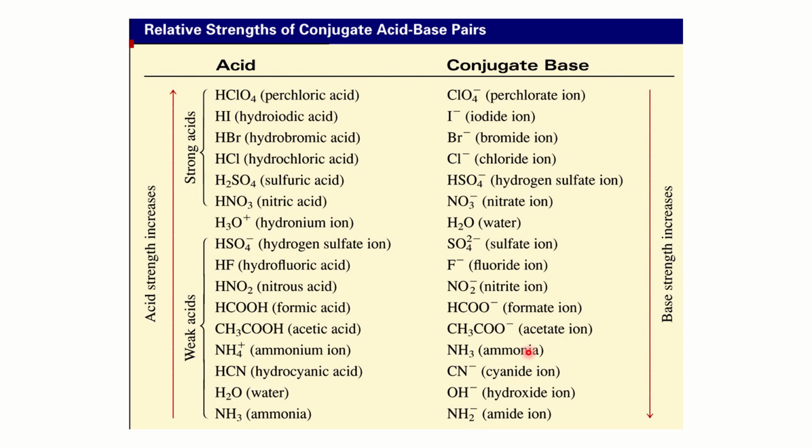All right, I have two slides here that have tables just summarizing the relative strengths of conjugate acid-base pairs. We can see the stronger the acid is, the weaker the base is. So here, the strong acids have extremely weak conjugate bases, basically bases that can't even really act as bases, and the really weak acids are going to have stronger conjugate bases.